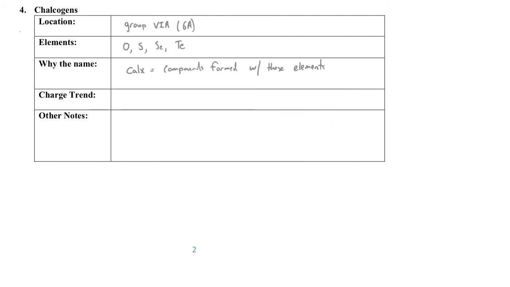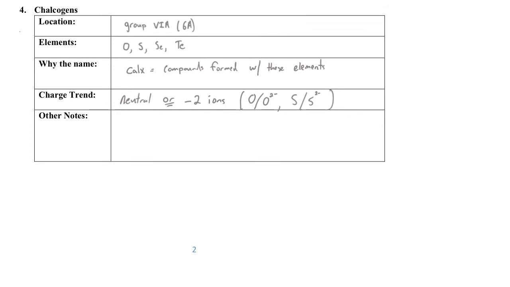This group of elements is referred to as the chalcogens because when these elements form compounds with other elements, they form something that we used to call calxes, which are chalk-like, and this is where the word chalcogen comes from. The chalcogens have a consistent charge trend. They are either always neutral or always -2 ions.